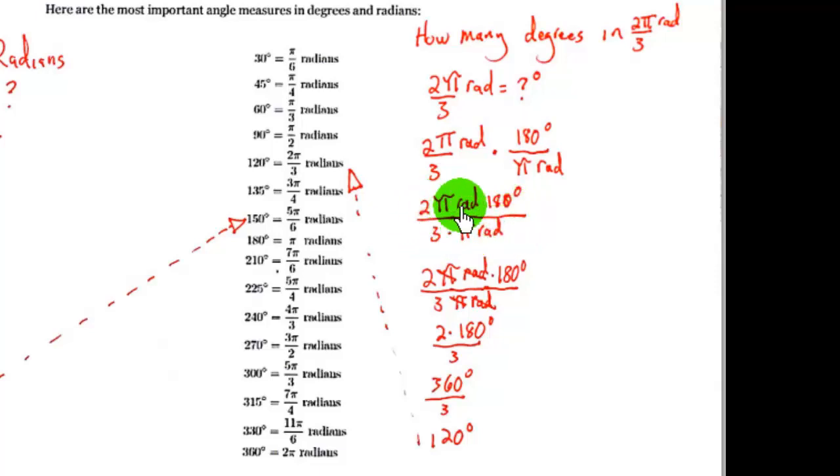You get 2 pi radians times 180 degrees over 3 pi radians. Your pi and radians will cancel. You'll be left with 2 times 180 degrees divided by 3. After you simplify that, 2 times 180 degrees is 360 degrees. Divide that by 3, you get 120 degrees. If you follow the arrow, the dotted red line, you'll see that you have 120 degrees equals 2 pi over 3 radians.